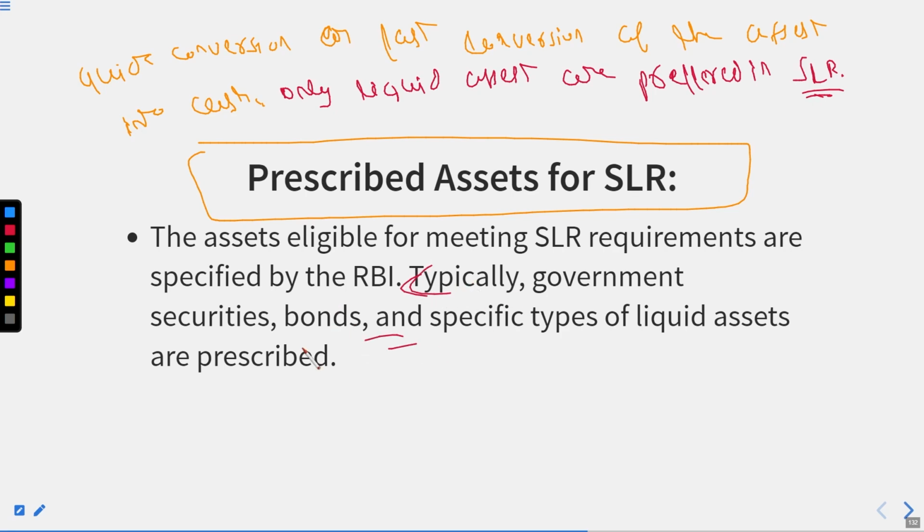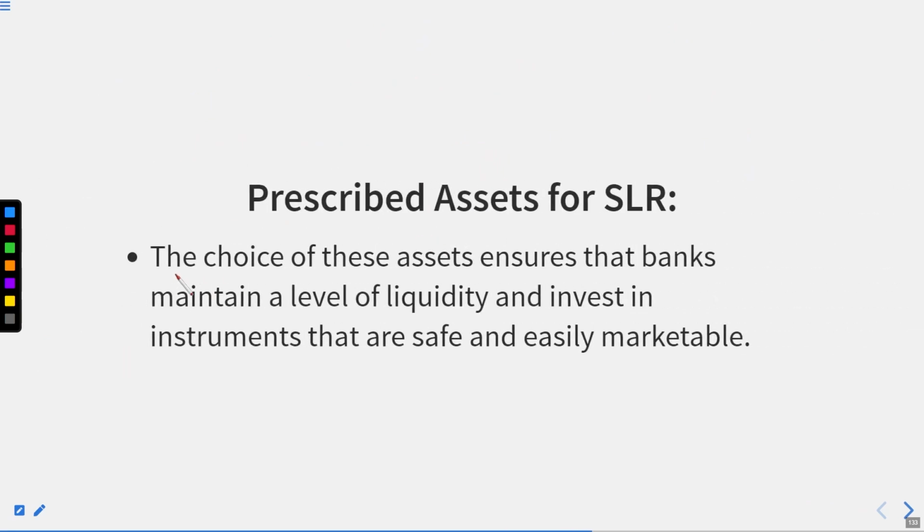All right. So typically these are the government securities, bond, and the specific types of liquid assets prescribed by the RBI, which could be converted into the money fastly or quickly.